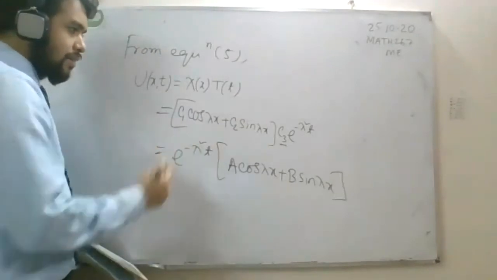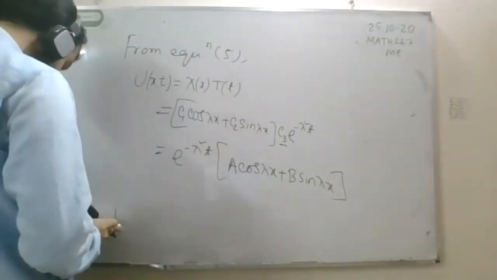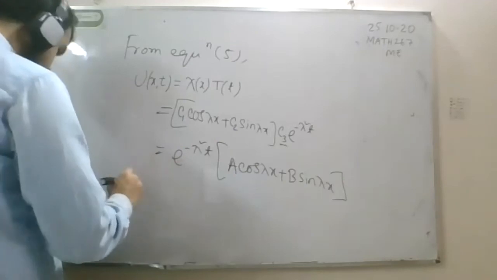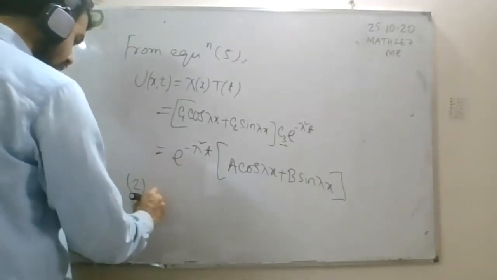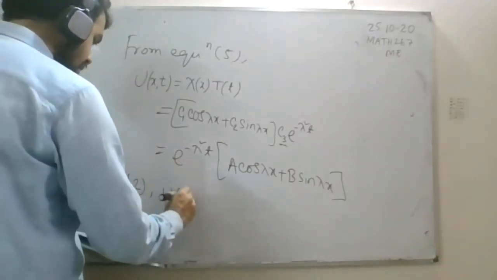And e to the power minus lambda square t will be here separately. Now from here, by using equation 2, you can get u(0,t).